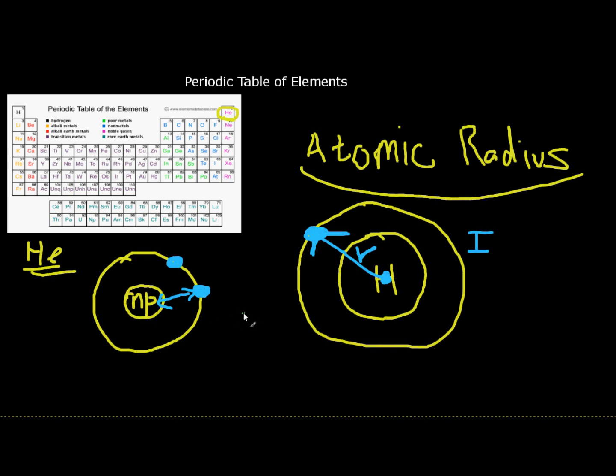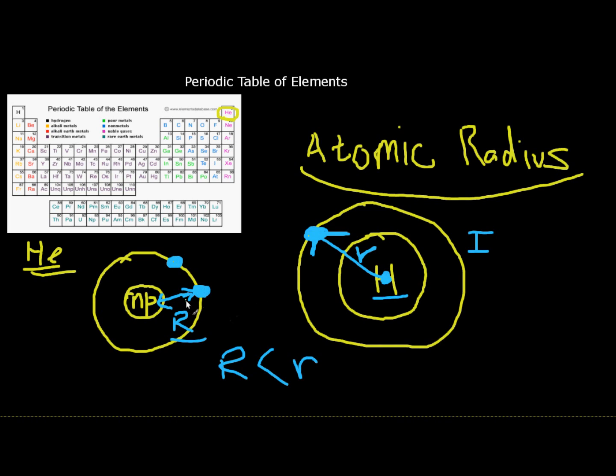Mind you, the electrostatic force of attraction between the nucleus and the electrons will reduce the distance between the nucleus and the shells, and therefore your atomic radius will be less than the original one in hydrogen. So in this case we have R less than r, where small r is the radius of hydrogen and capital R is the radius of helium.